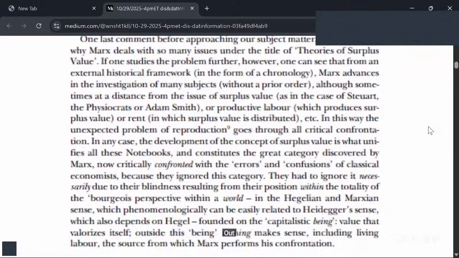Outside this being, nothing makes sense, including living labor, the source from which Marx performs this confrontation.